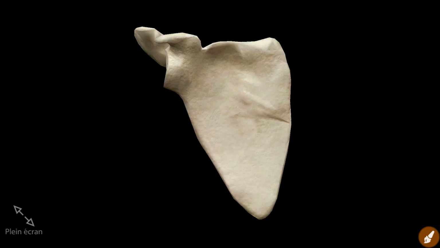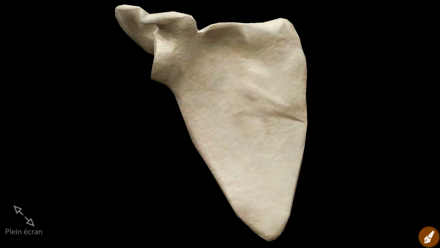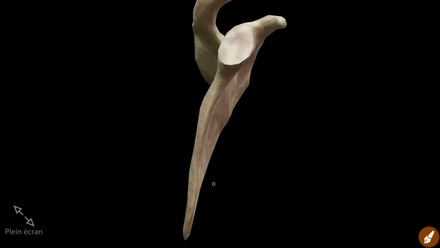We are going to start with the anterior surface. As we said, this particular region is called the subscapular fossa.